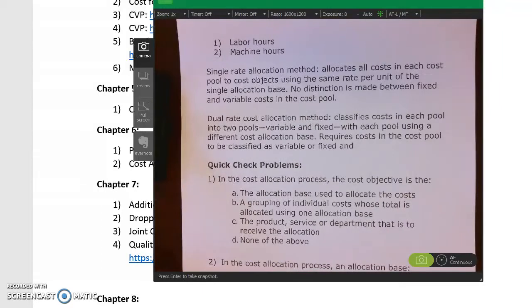So for example, what we could say is that all the variable costs in the IT department would be allocated out based upon how many help desk tickets. But then the fixed costs of the IT department could be allocated out to the cost objects, the departments that the IT department supports, the fixed cost could be allocated out to those departments based upon some fixed percentage. And we'll talk about why that's important here in a subsequent lecture video, okay?